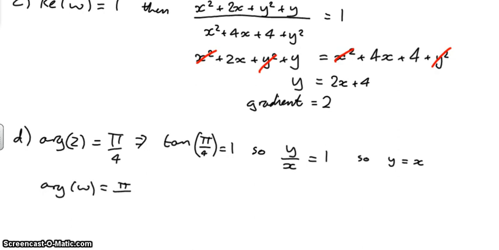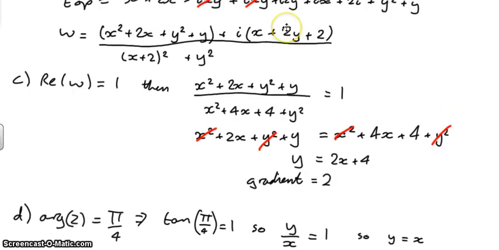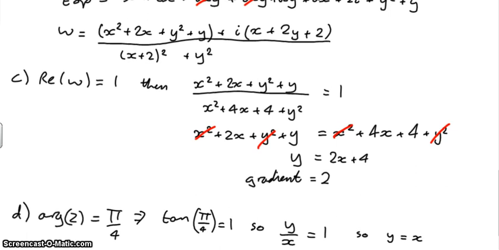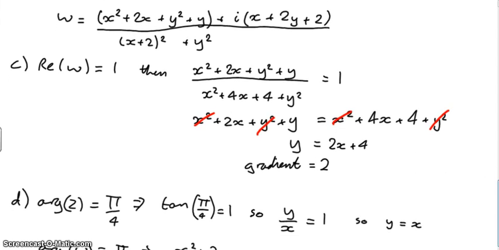Similarly, if the argument of w equals pi by 4, then by the same reasoning, the imaginary part, it doesn't really matter what the bottom part is here, but the imaginary part of w and the real part of w need to match nicely.